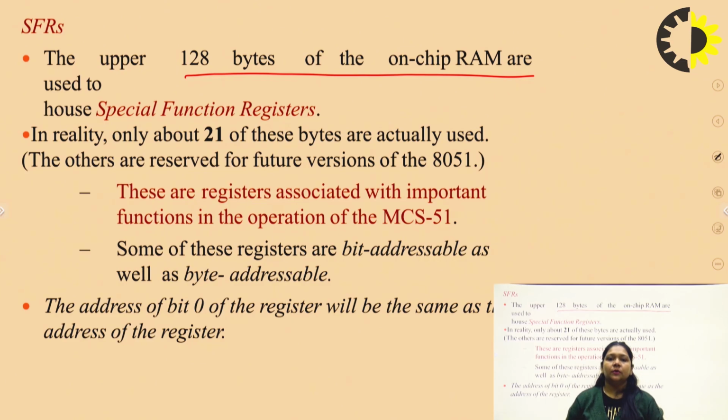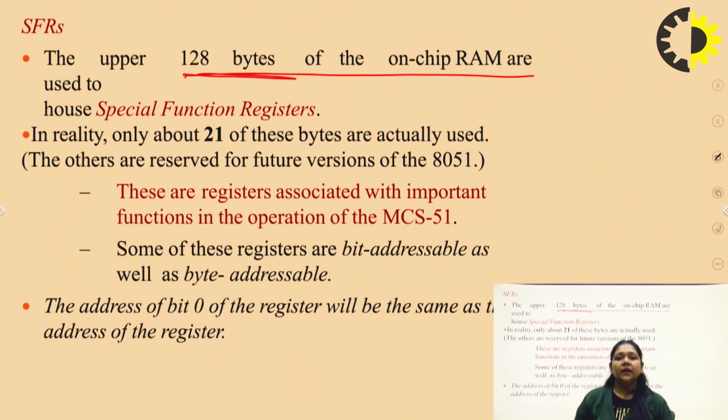Similarly, on-chip ROM is 4K bytes, which is expandable up to 64K in totality. 4K ROM is there on chip and 60K ROM can be added also. But this is not the case for RAM. For RAM we have only 128 bytes.